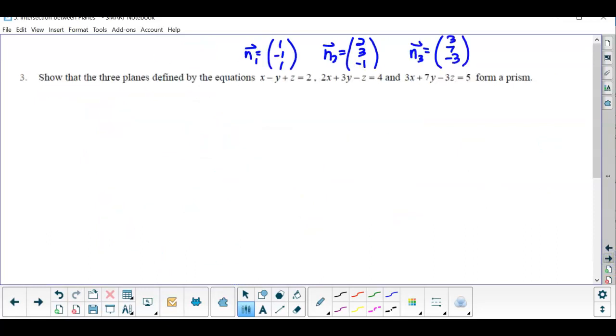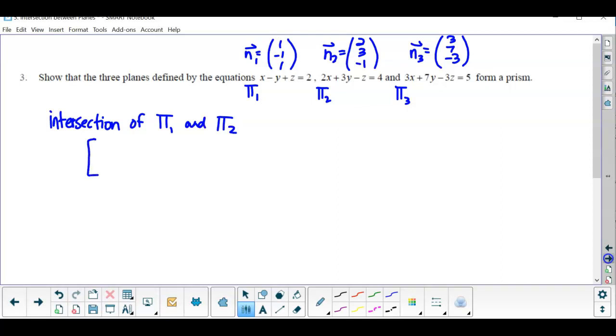All right, so sometimes capital pi is used for describing planes. It's a big pi. So we'll find the intersection of plane 1 and plane 2.